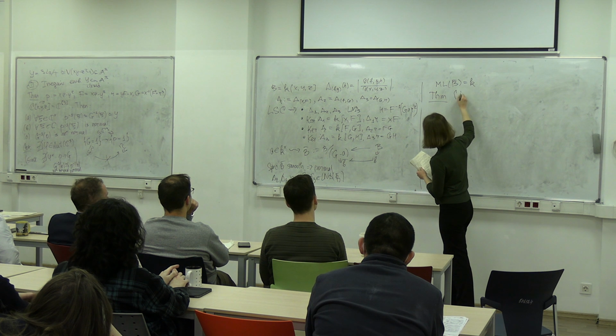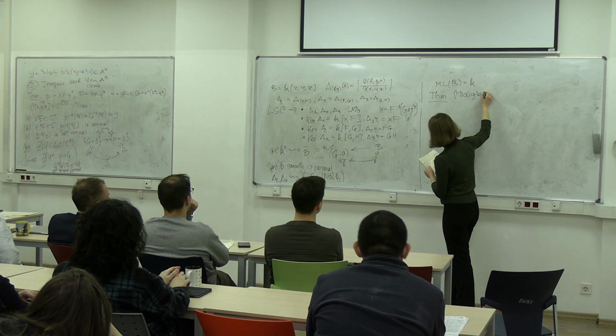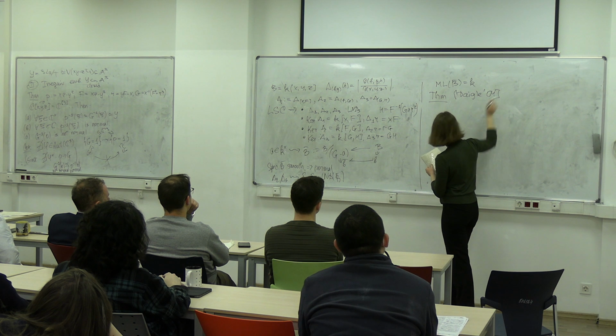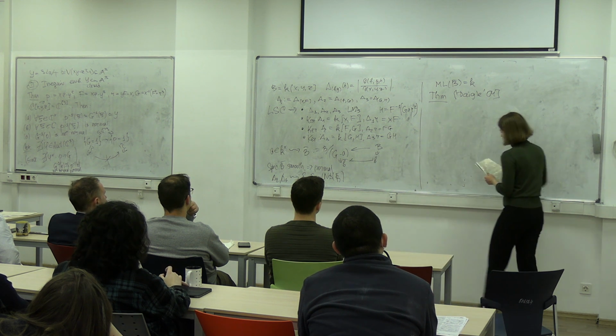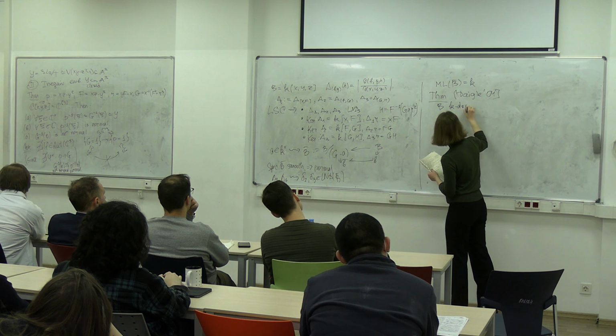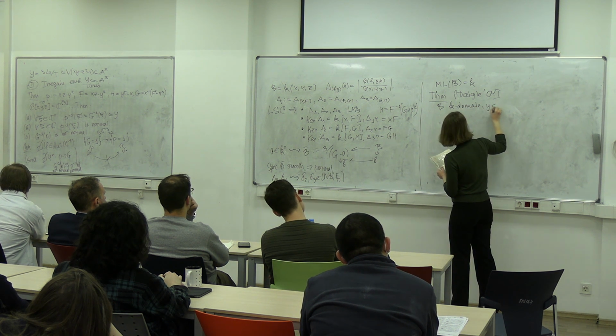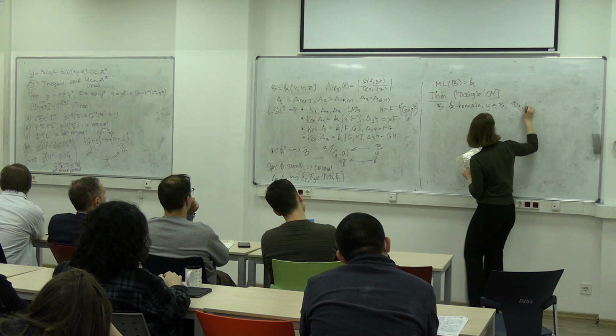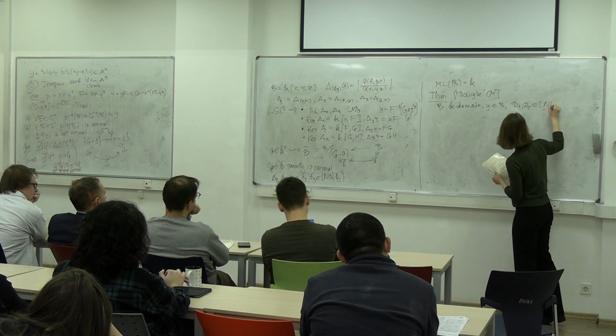So it is Daigle. So B is a K-domain, Y is some element of B, and D1, D2 is some pair of LNDs here.